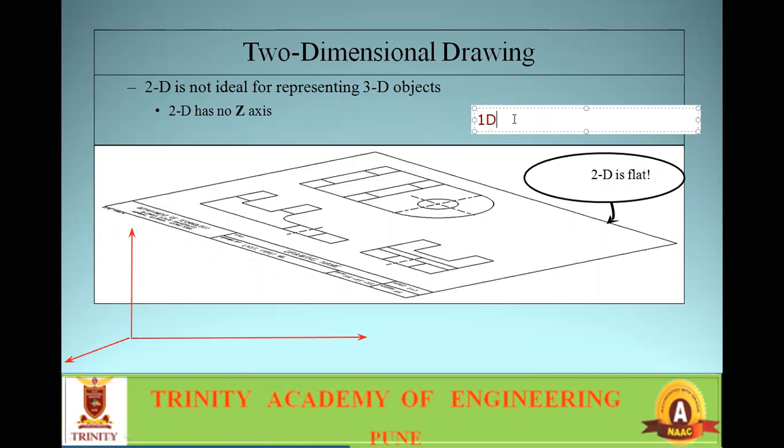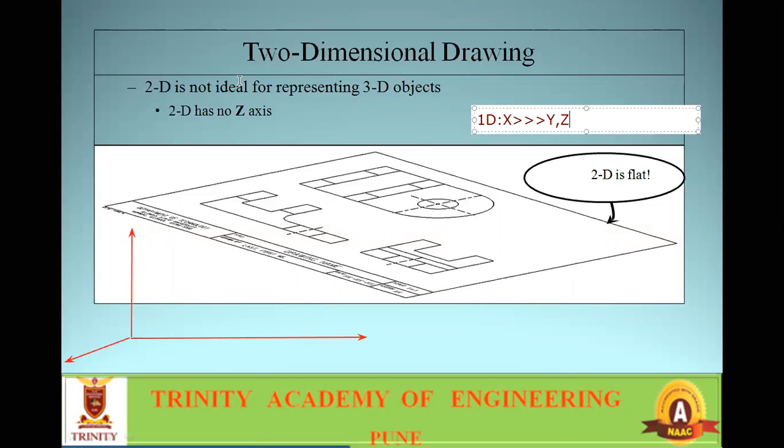If you want to draw a 1D object, in that case the x-axis distance, the length of an object, is very much greater than the other two, that is the y direction and z direction.